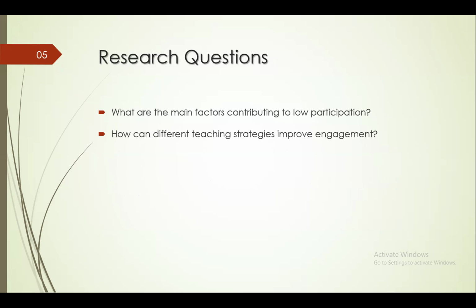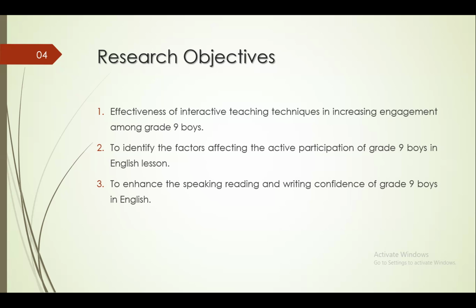And my research questions are, in my research, I aim to understand why grade 9 boys are not actively participating in English lessons. Now, when you are writing research questions, the objectives should be converted. Go to objectives. What is the first objective I told you? To increase students' engagement in the lesson effectively by using interactive techniques.